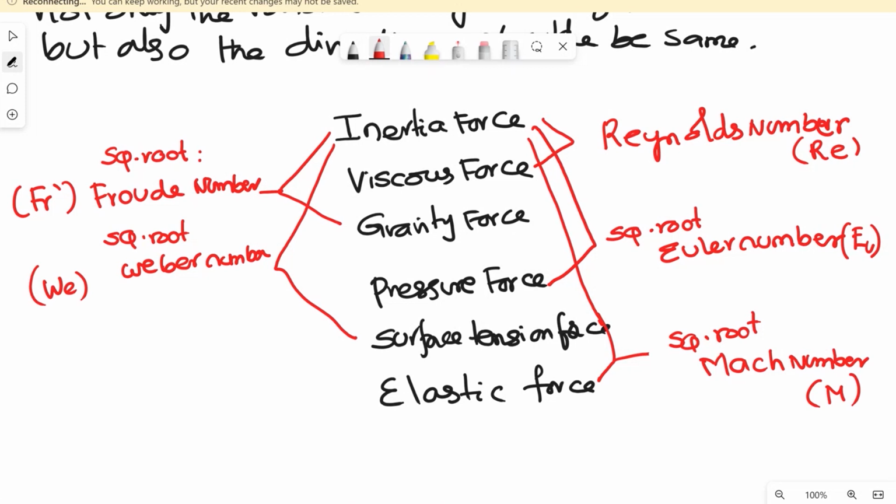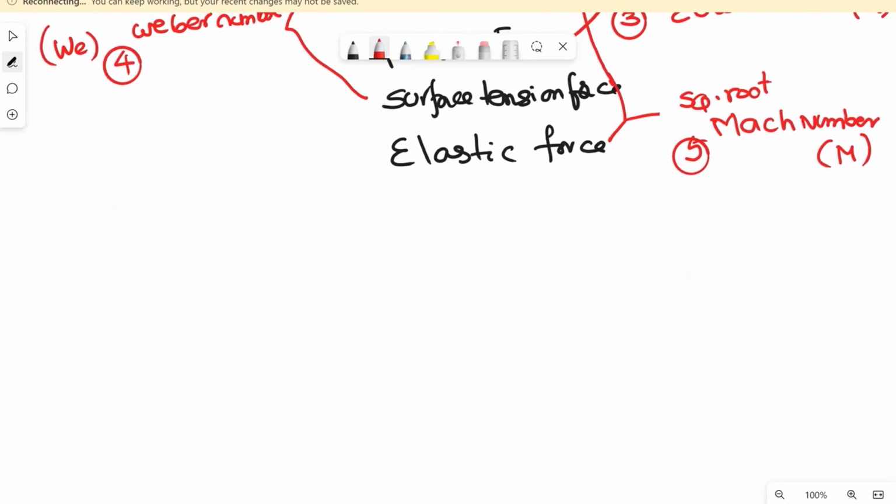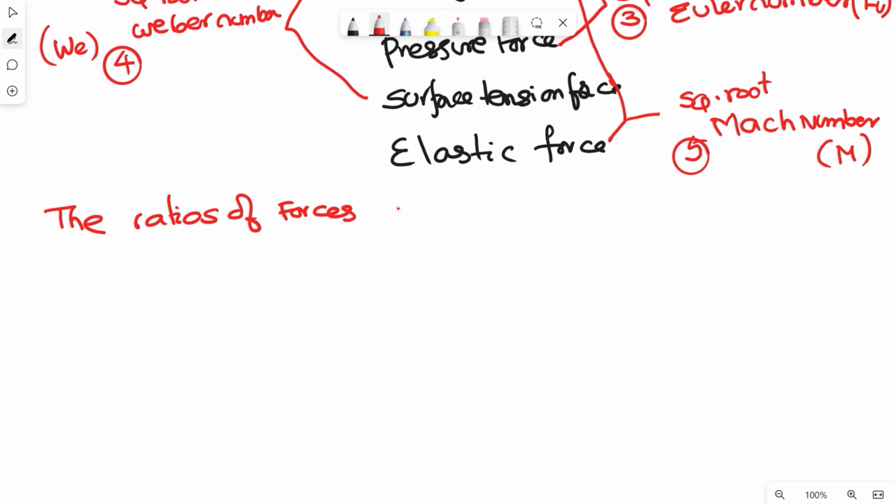So these are the dimensionless numbers, 1, 2, 3, 4, 5. All these numbers are nothing but ratios of the forces. So the ratios of forces are the dimensionless numbers.